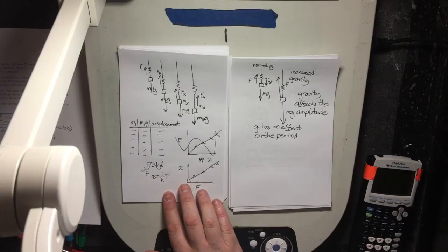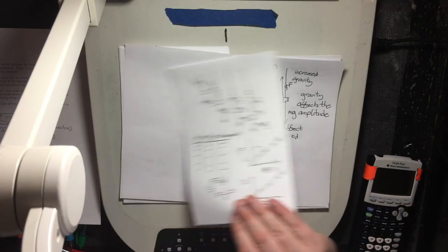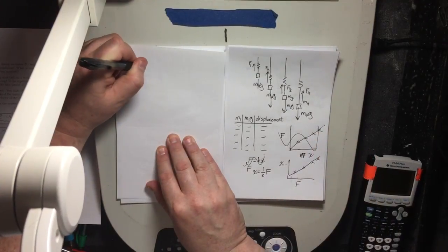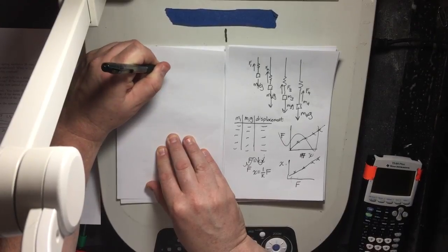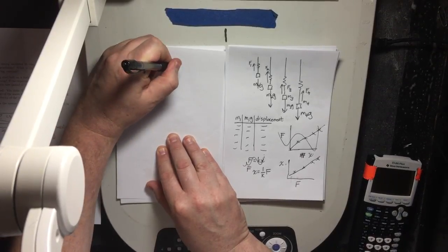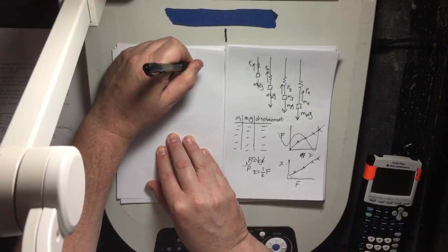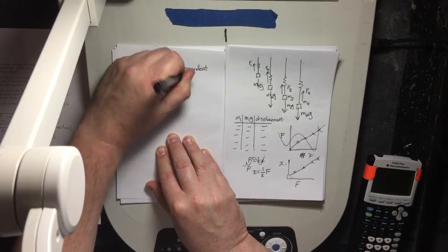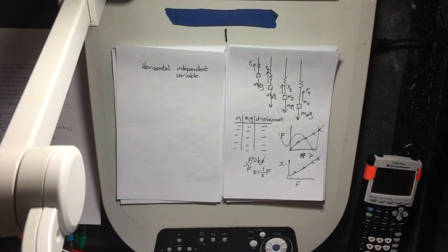So what you're going to do is, I always got confused with writing graphs. The horizontal is where the independent variable goes. The independent variable in this case is the mass that you hang from the spring.